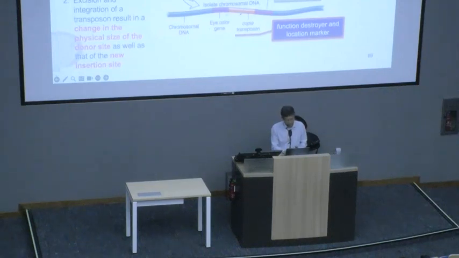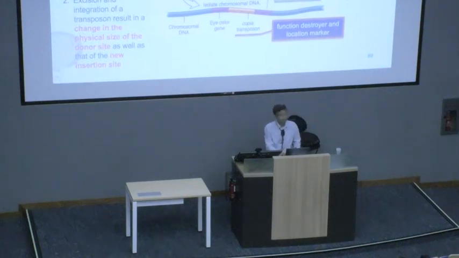Because it jumped in and disrupted this gene's function, you believe this region is related to eye color. That's why it's called a loss-of-function mutation. Because it jumped in and disrupted this gene function, they lost eye color.